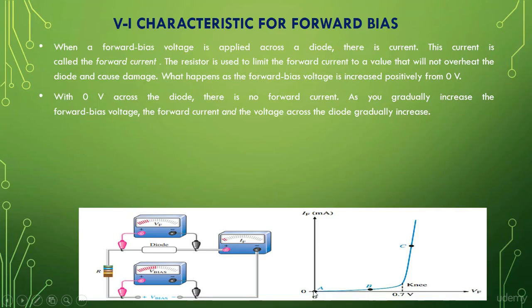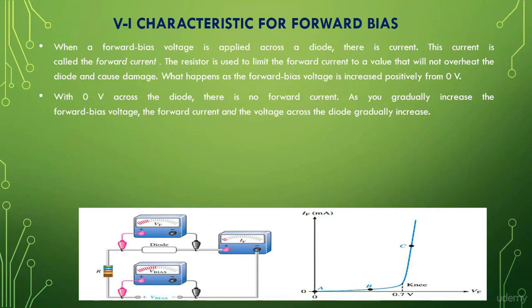The current is plotted on the y-axis, and the voltage across the diode on the x-axis. It's denoted with Vf, and the current is in milliamperes. So at 0 volt there is no voltage across the diode, and no current flows through the diode.